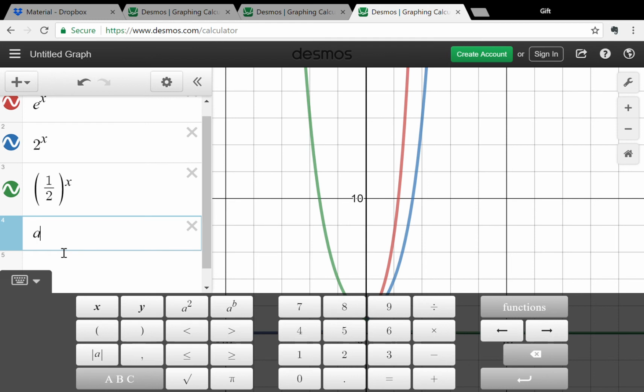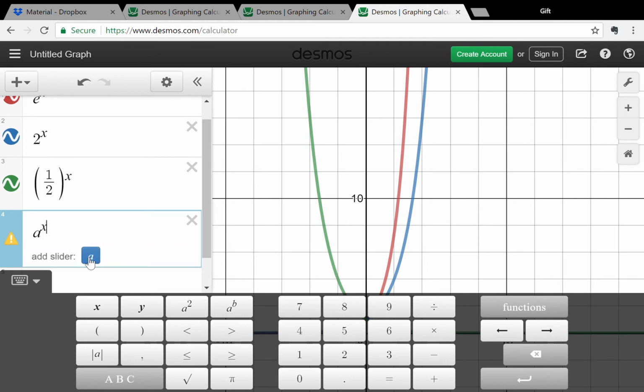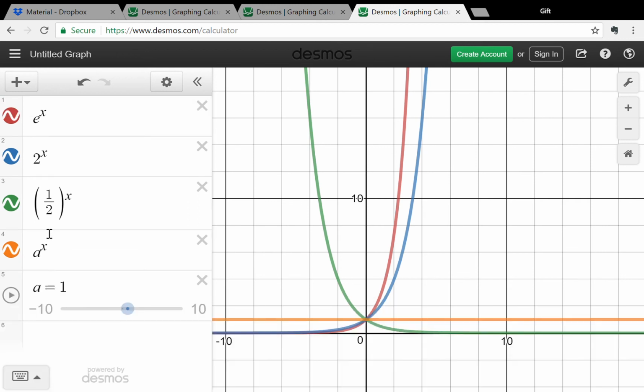Generally, it's going to look like a to the x. In contrast to the power function, here my x is in the exponent. Typically, it doesn't make much sense if your a is negative. But when your a is positive, when my a is less than 1, it would look like your green graph.